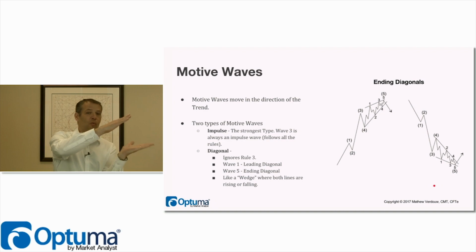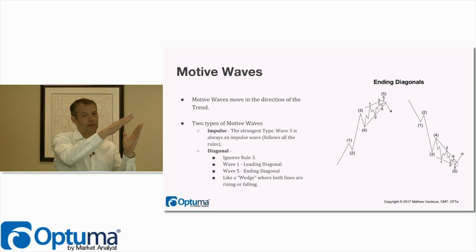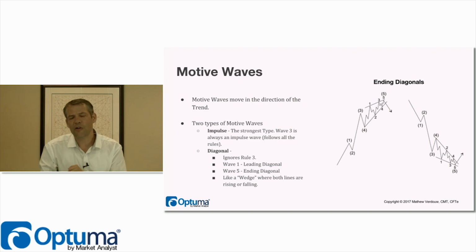Whereas in a triangle, one's usually flat or they're symmetrical, but they're going in different directions. Same thing here. With an ending diagonal, both lines are going to be going in the same direction. And you'll see that when you refer to the notes and look at the symmetrical triangles later, that's how you tell the difference between the two.